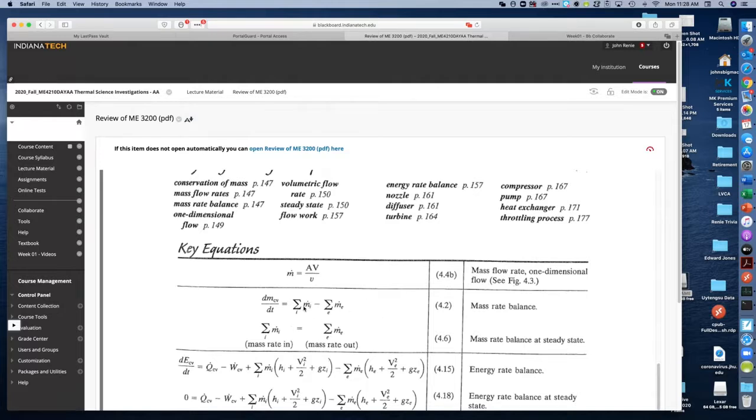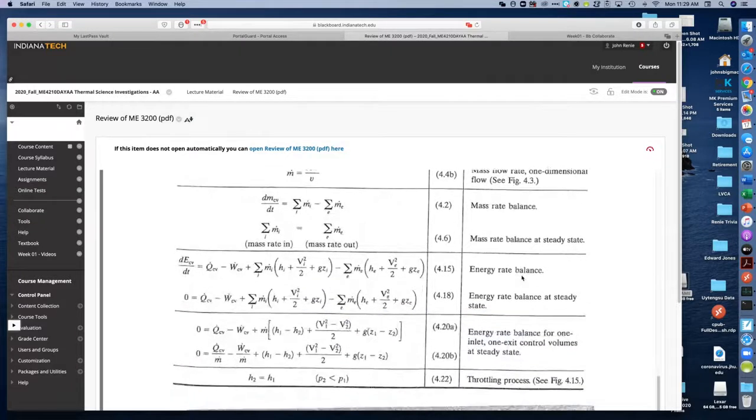If the incoming is much higher than the outgoing, then we see that there's a positive rise in the mass within the control volume. If we assume we have steady state, then this derivative, the mass in the control volume, remains constant, and we then can say that everything that goes in has to be equal to everything that goes out. And so that is our steady state process.